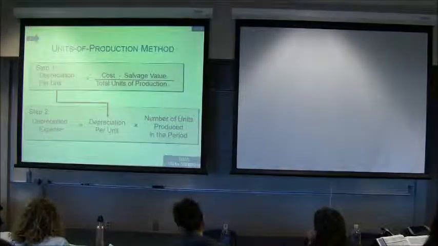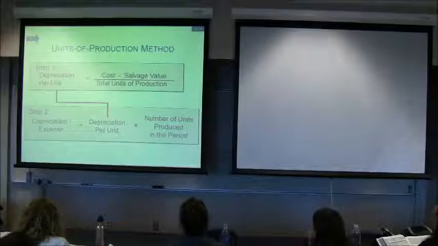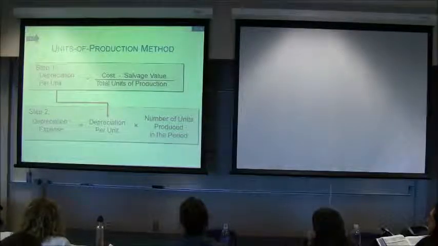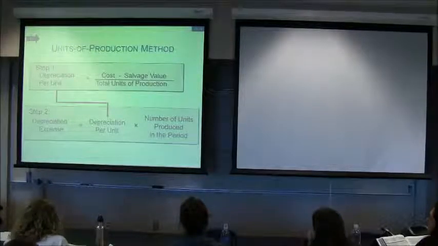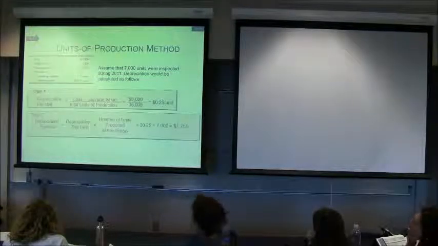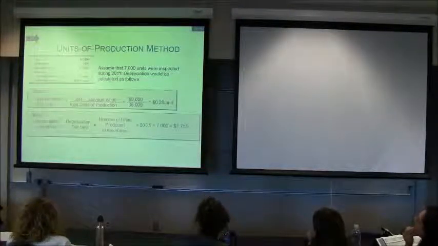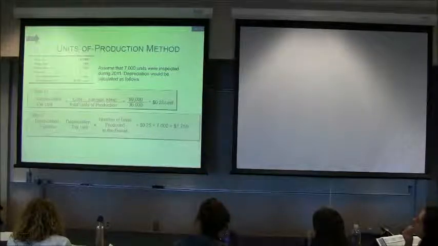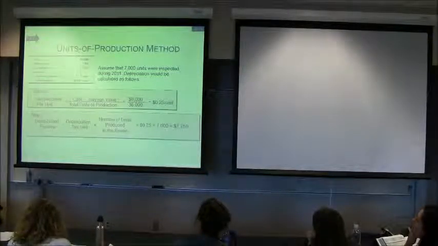So, in this case, units of production method, step one, depreciation. Depreciation per unit equals cost minus salvage value over the total units of production. Depreciation expense equals depreciation per unit times number of units produced. The data is the same we dealt with in the last example. The cost is 10,000, salvage value is 1,000, depreciable cost is 9,000.